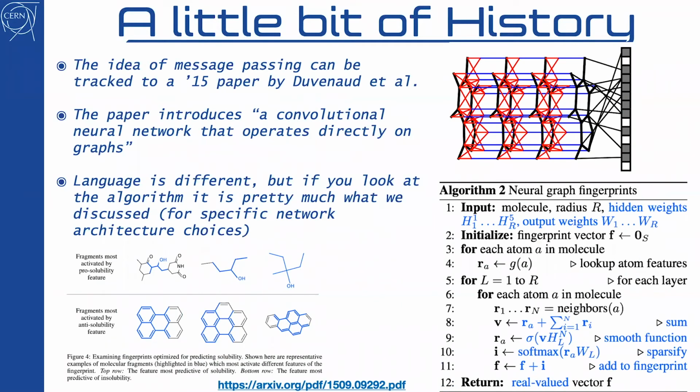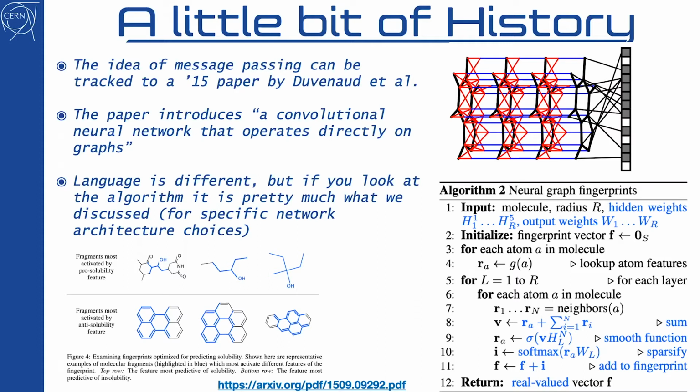And then the breakthrough, at least in my mind, is when people started to use this to do science. So there was this paper in 2015 in some journal of chemistry. Their task was to have a convolutional neural network that operates directly on a graph and not on an image.